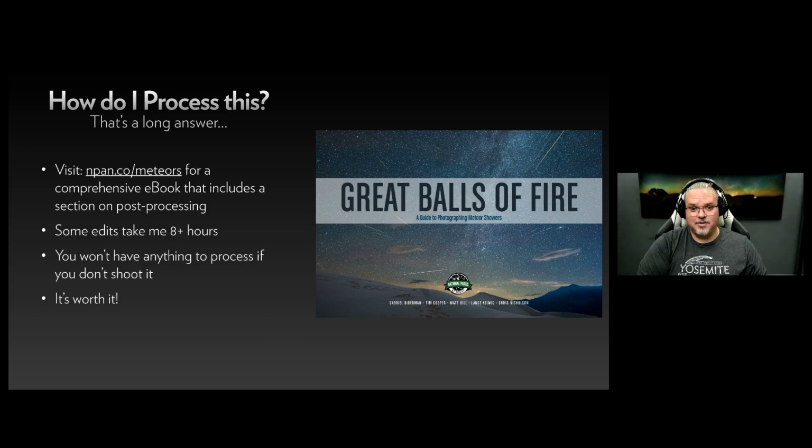It is pay what you will. You can pay nothing or you can pay something for it. If you go to npan.co/meteors, and I'll post that in the chat, you can download this. It has a lot of information from planning all the way to editing. At the end of that, there's editing, and it also links to a blog post that we have that has even more detail.